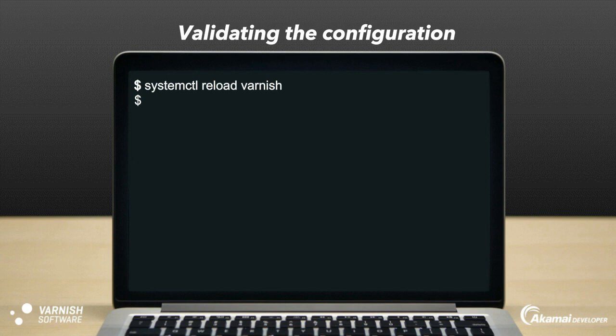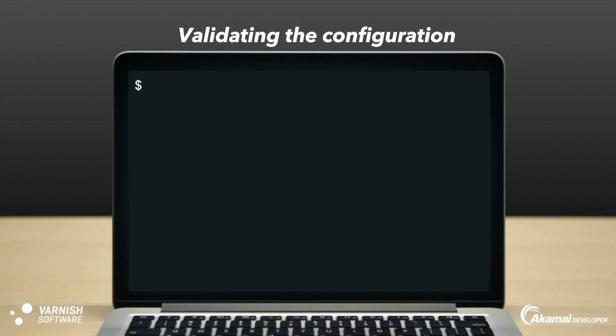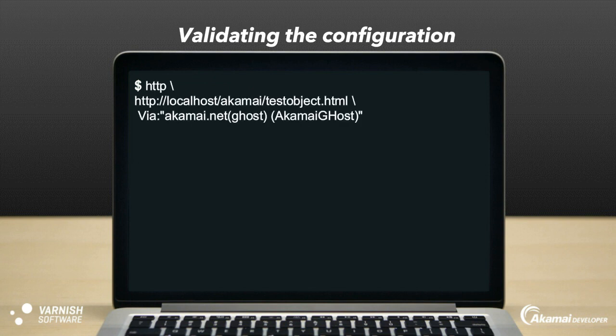Next up, we'd like to verify that the connector is actually working. To test it, we generate a request with a Via header that corresponds to those that are sent by Akamai in their origin requests. In this example, we use HTTPie, but you can use curl or whatever you prefer. We use this special URL, /akamai/testobject.html.